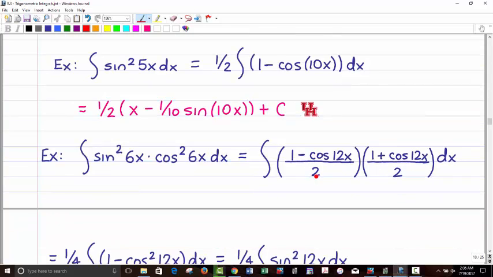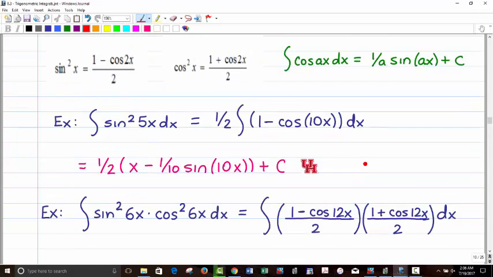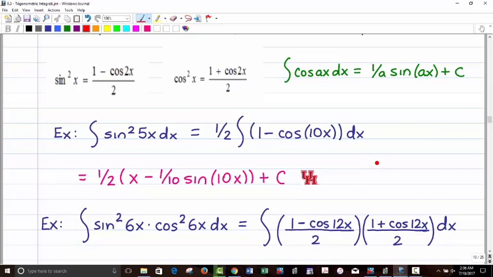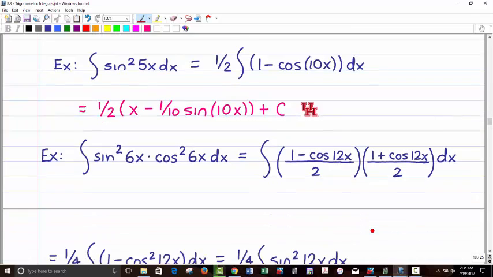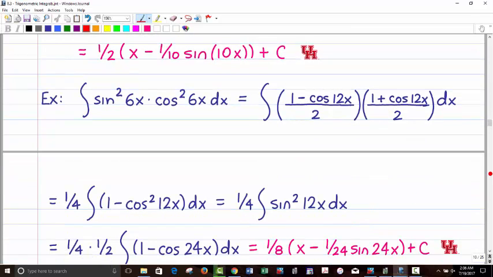Next one, we have sine squared 6x times cos squared 6x. So we use the identity for both of those. You have double the angle, so it's 1 minus cos of 12x over 2 times 1 plus cos of 12x over 2.